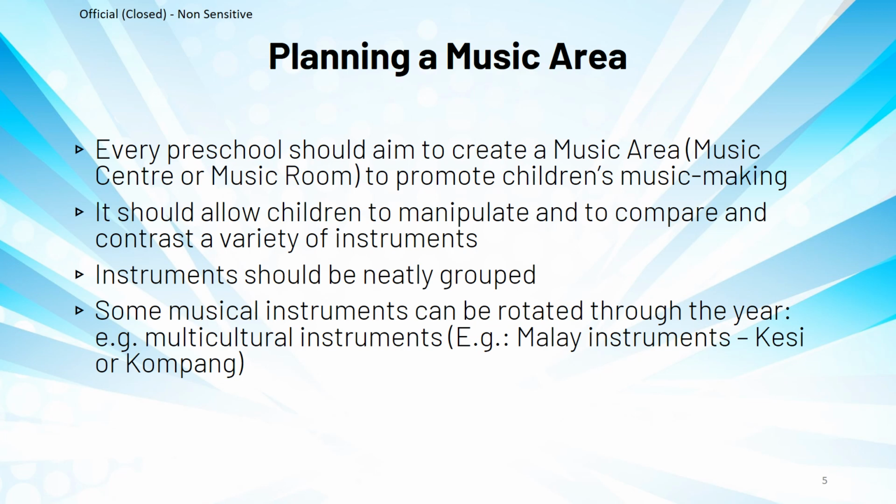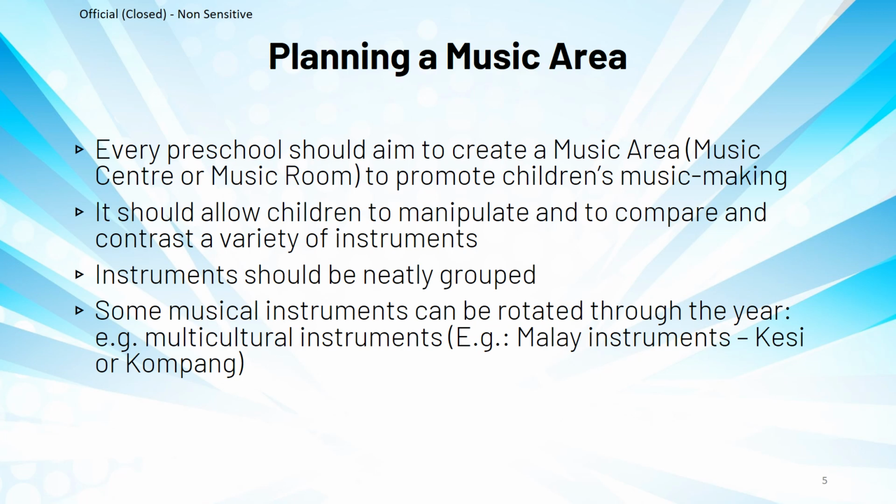So let's also be smart about what kind of music instruments that we want to include in our music area. We don't ever want to overload the music area with all the music instruments that we have in the school. Instead, how can we be smart about this? Keep this in mind. Ration and rotate the instruments provided in the music area. Number 1, ration. Ration a number of music instruments to be included in your music area, so you can just put in a few music instruments once every term or month.